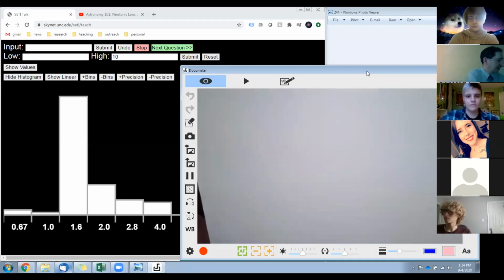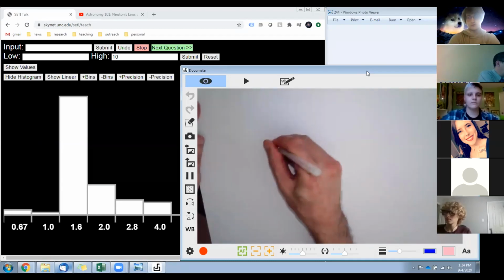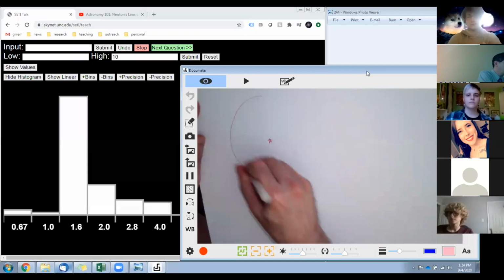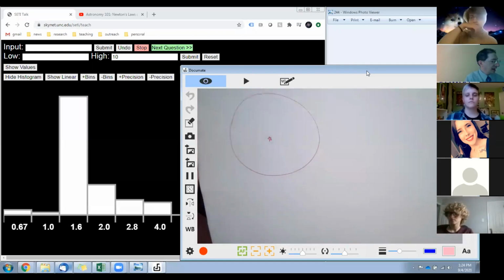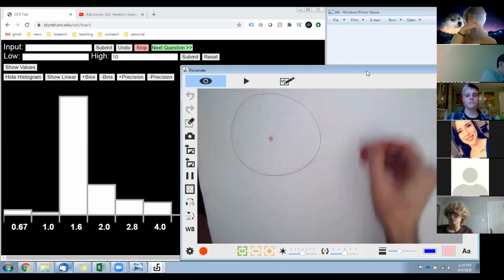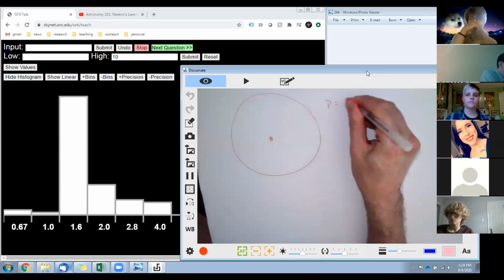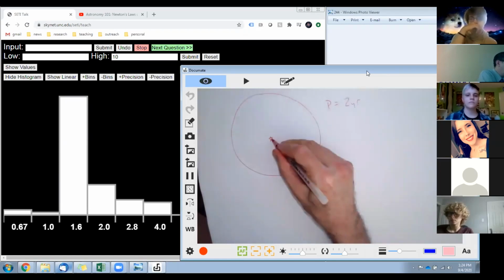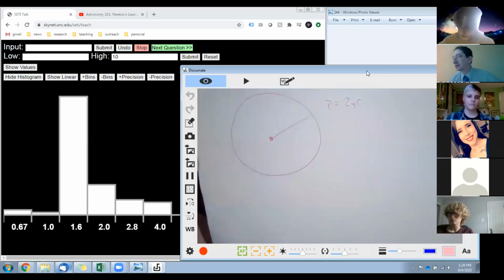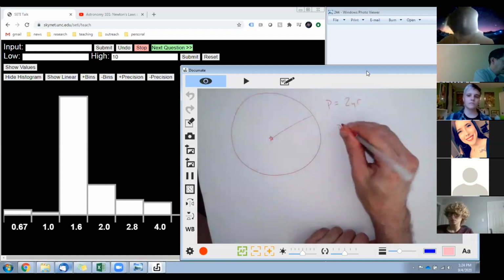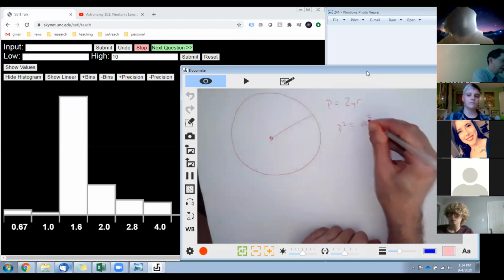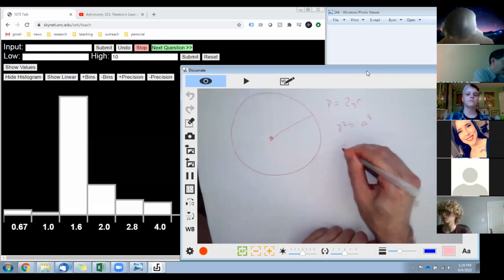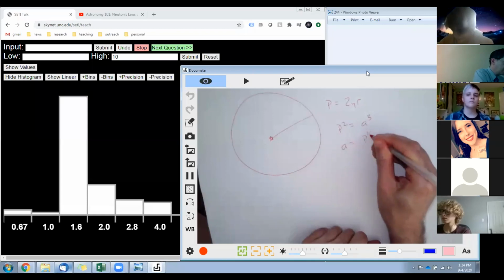Sure. I'll draw it out a little bit. We have the sun and an asteroid going around the sun, and the total time it takes to go around is 2 years. I'm asking you, how far is it from the sun typically? We're going to use Kepler's third law, which gives us the semi-major axis. So this is our P squared equals A cubed. We're solving for A. A is P to the 2/3.